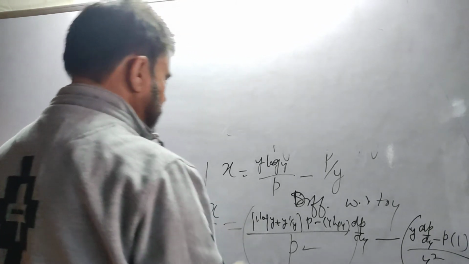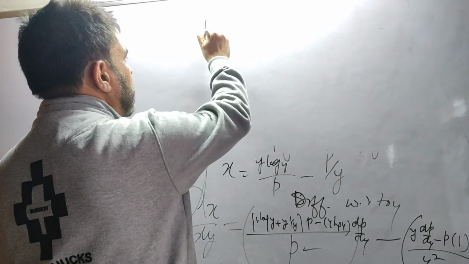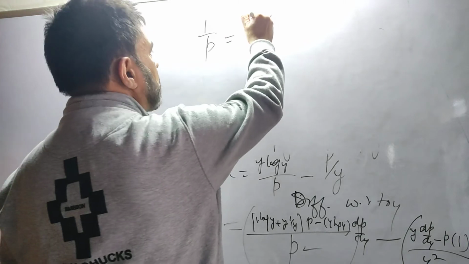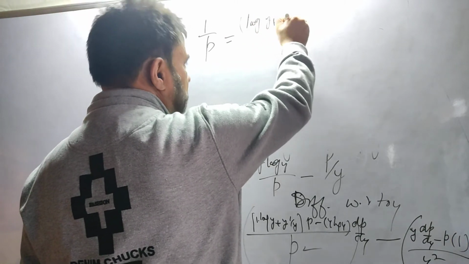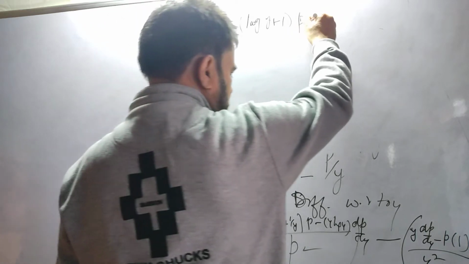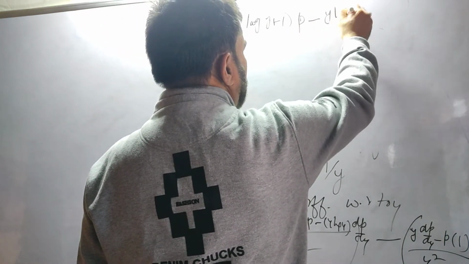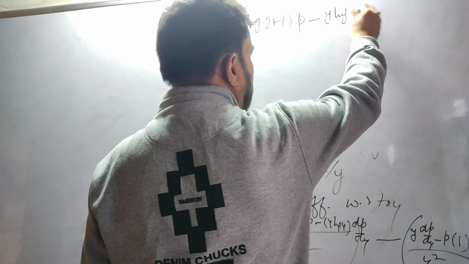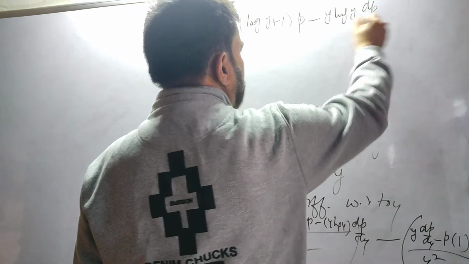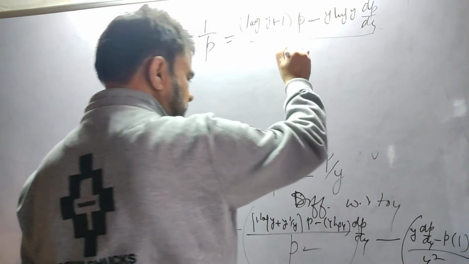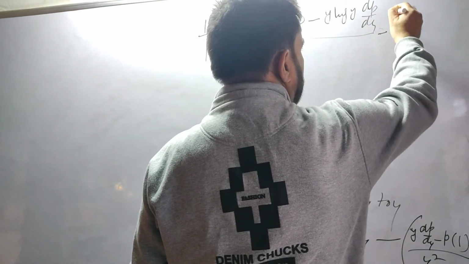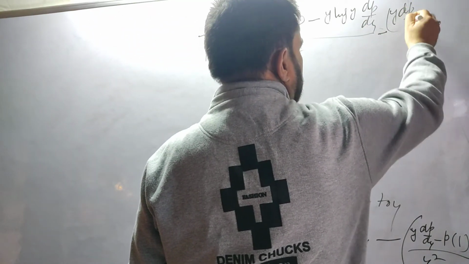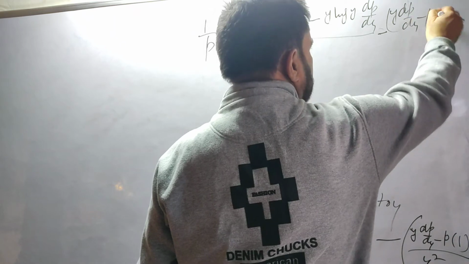Simplify. This is 1 by p is equal to log of y plus 1 into p minus y log y dp by dy by p square minus y dp by dy minus p by y square.